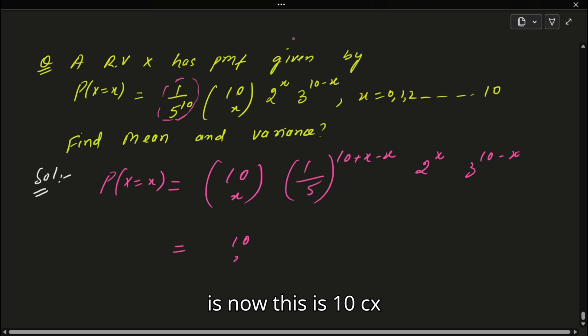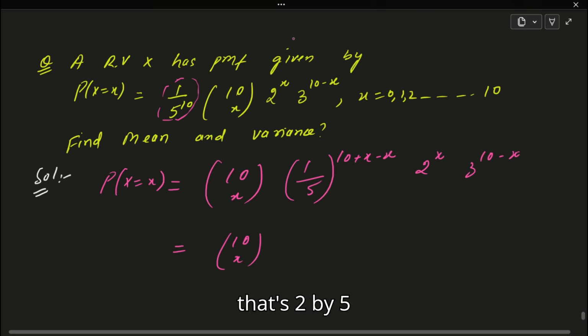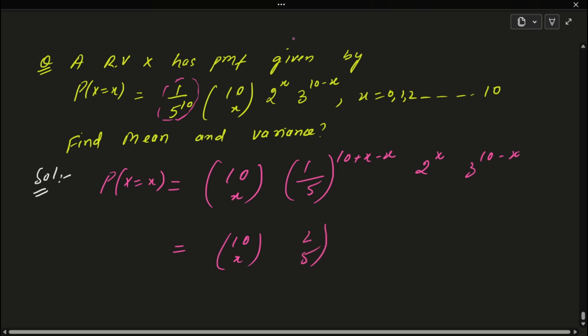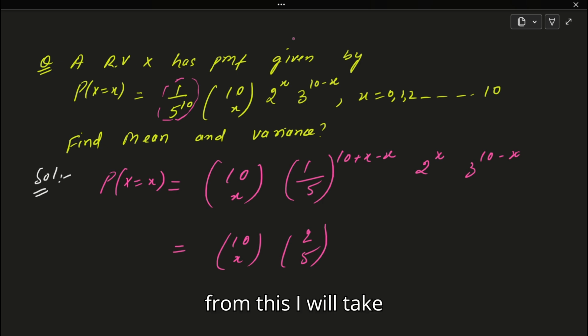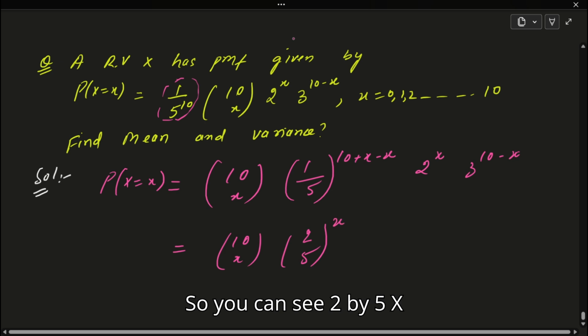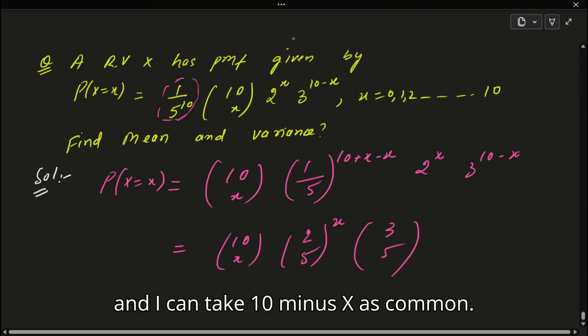Now this is 10Cx. If I do one thing, that's 2/5, and from this I will take x as common. So you can see (2/5)^x, then (3/5), and I can take 10 minus x as common.